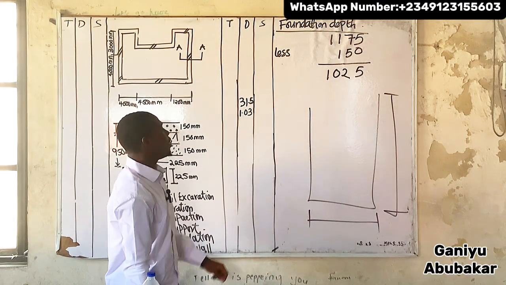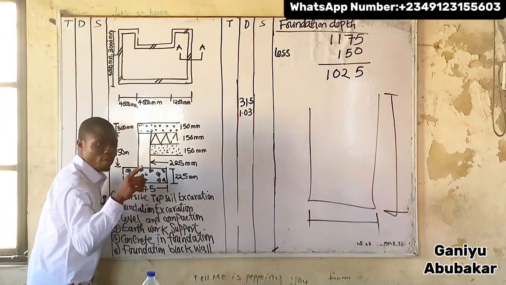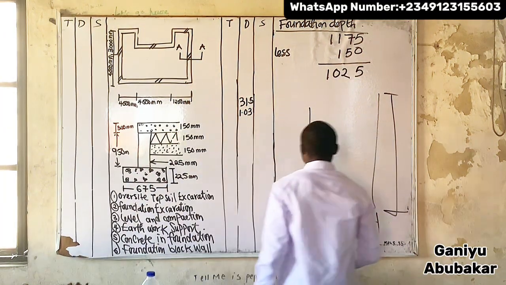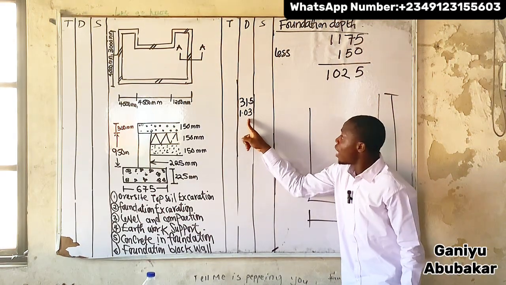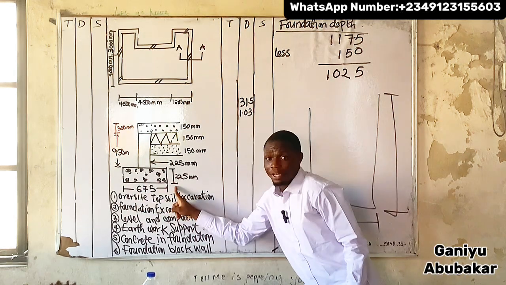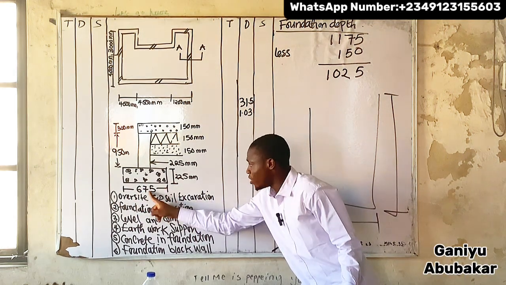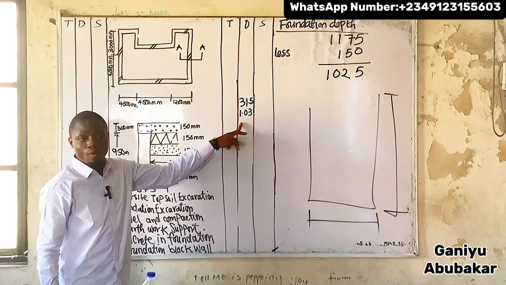Next task, please. My foundation. Look up. We said the depth from here to here is this value. Am I correct? What's the value here? 675. Will I put 675 here? What do I have there?